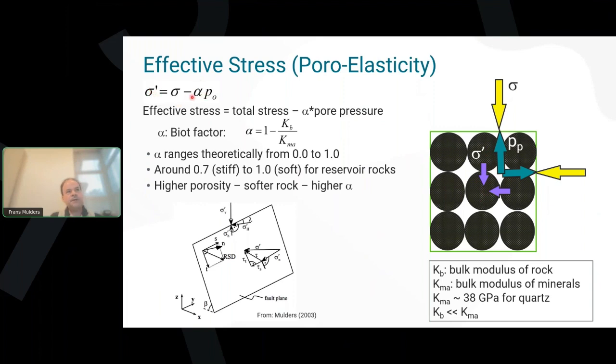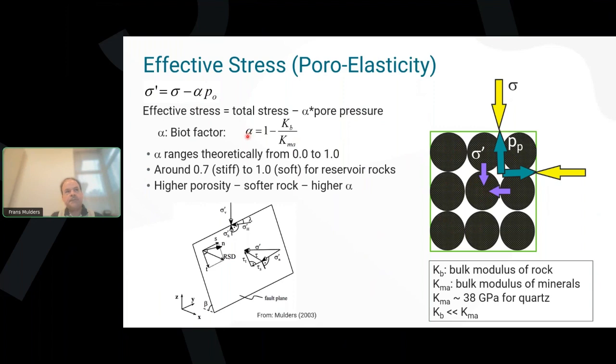But notice that there is an alpha here, which is the Biot factor. It's a rock property. You can calculate it by 1 minus the bulk modulus of the entire rock divided by the bulk modulus of the individual quartz or feldspar or clay minerals in here.